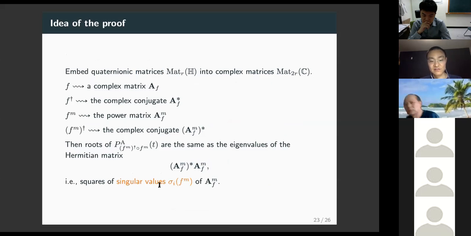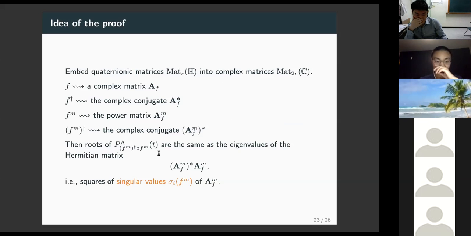So the singular value of an arbitrary complex matrix is by definition the square root of the eigenvalues of this Hermitian matrix. Oh, okay, I see. So the eigenvalue of this Hermitian is the squares of. Okay, yeah, I didn't know the words. Sorry, thanks. Because this one is a Hermitian matrix, so eigenvalues are all non-negative. Yeah. All right.